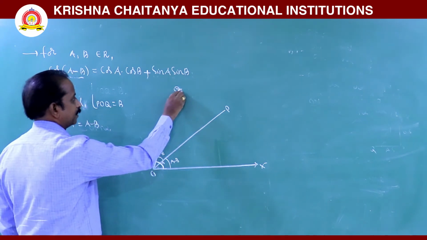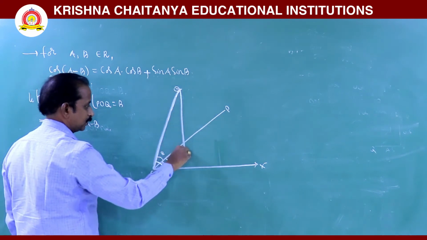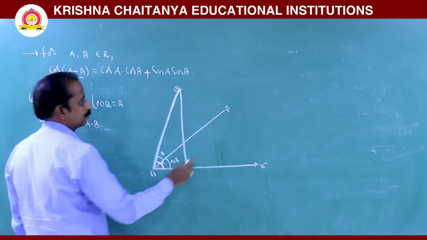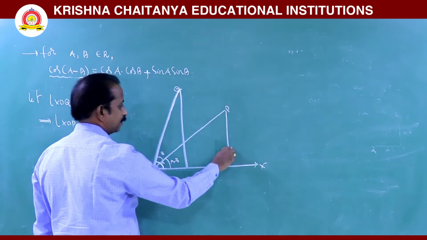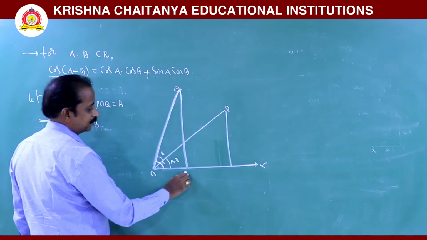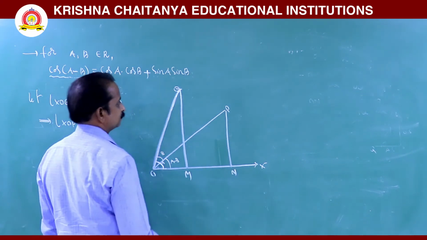So we can draw a perpendicular line, and from this one also we can draw a perpendicular line. It meets the x-axis at point M and at point N.